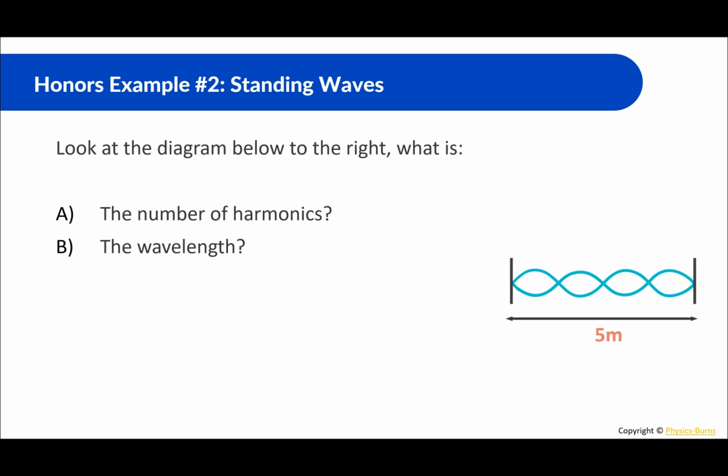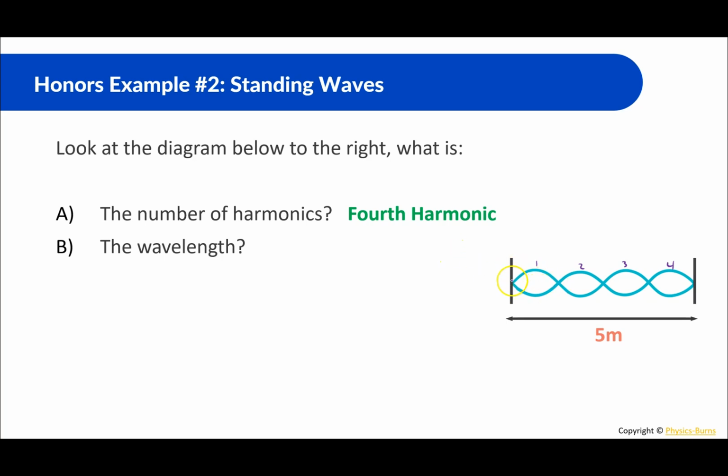Looking at the diagram below to the right, what is the number of the harmonic and the wavelength? So remember, for standing waves, all we need to know is how many antinodes there are. 1, 2, 3, 4. So the number of the harmonic is the fourth harmonic. What is the wavelength? So there are 2 ways we can do this.